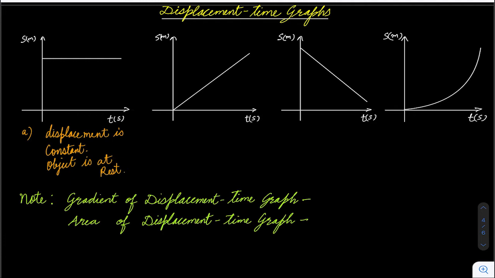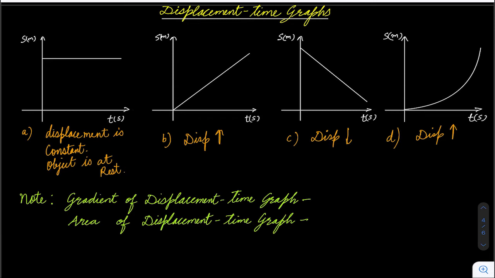In the second graph, as time increases, displacement is increasing. In the third part, as time increases, displacement is decreasing, correct? The graph is going down. In the fourth part, as time increases, the graph is going up, which means displacement is increasing.